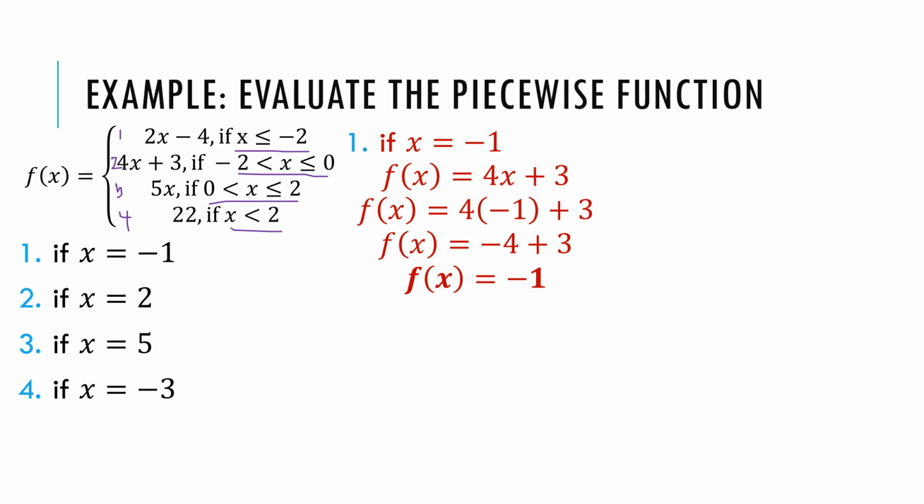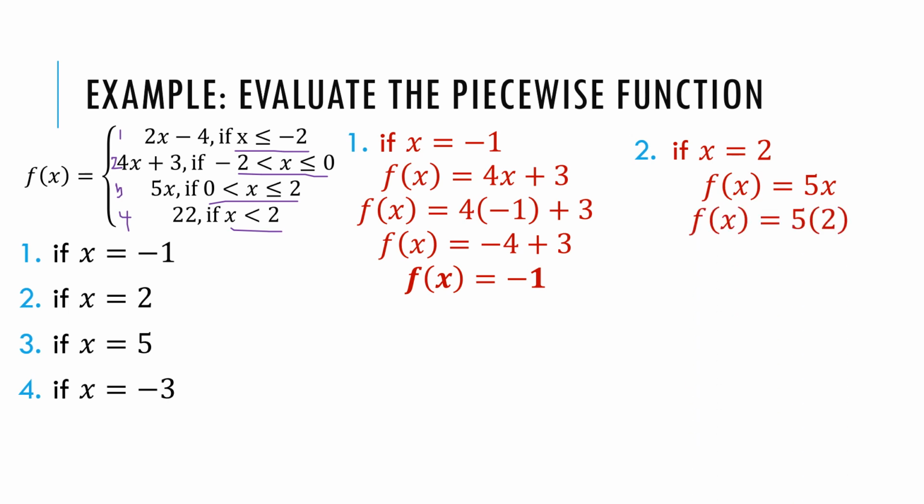How about number 2? If x is equal to 2, saang subfunction siya pasok? So, tignan natin ang piecewise function. So, saan siya? X is equal to 2. Okay, so sa third na subfunction na f of x is equal to 5x.